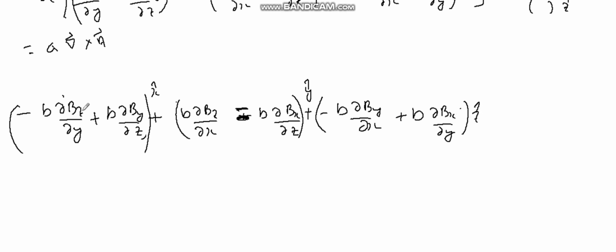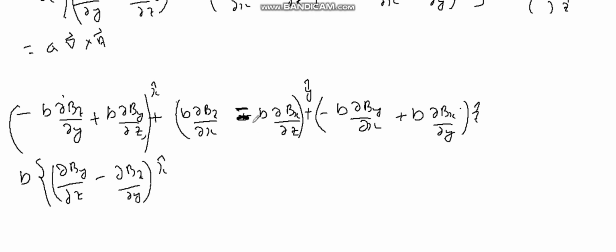And of course if we rewrite and take the b common out, then del bz by del y minus del by by del z, x cap, and we'll common out the minus sign.